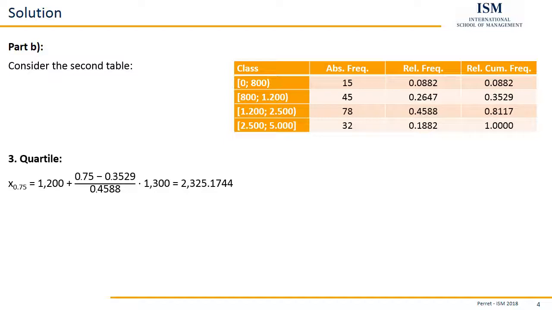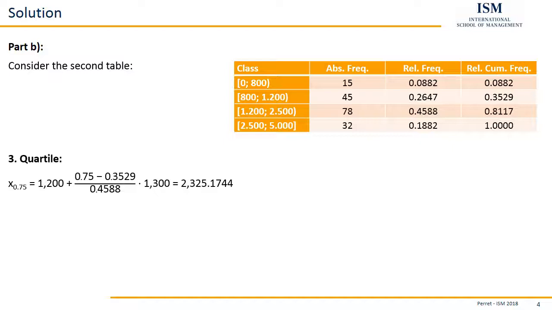we have the third quartile, which is the 75th percentile. So we then start with 0.75 minus the relative accumulated frequency of the class beforehand. So here the 0.3529 divided by the relative frequency of the percentile class, which here is 0.4588.